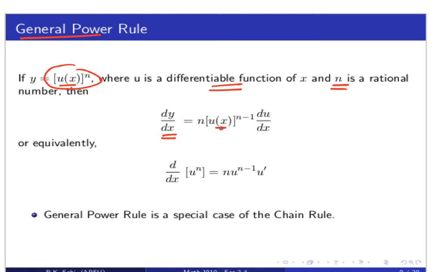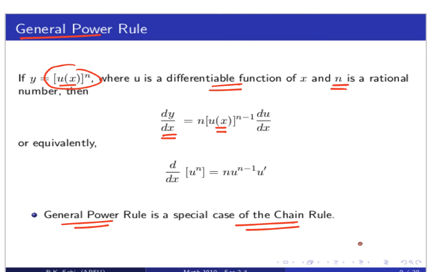Remember, u is a differentiable function of x, so you have to multiply by du by dx. So the derivative of u to the n is n times u to the n minus 1 times u prime, where u is further a function of x. Notice your general power rule is a special case of the chain rule.